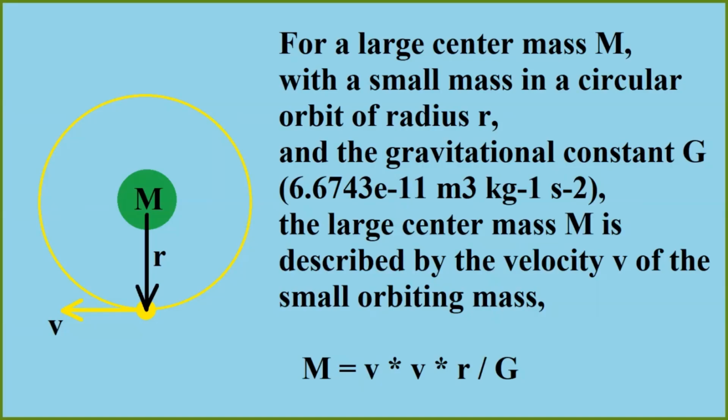For a large center mass M, shown in green, with a small mass in a circular orbit of radius r, that's that yellow dot at the bottom, and using the gravitational constant, the large center mass M is described by the velocity v of the small orbiting mass.